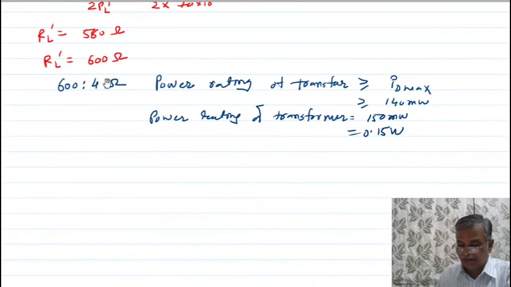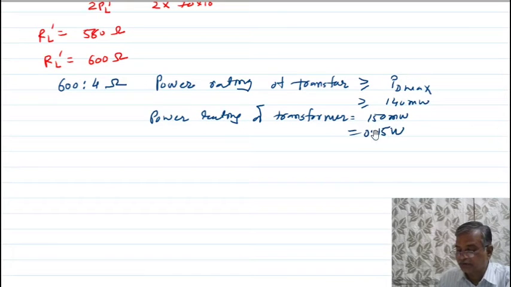Now remember, the power rating of a transformer should be greater than or equal to PD max. I'll explain why PD max is taken. What is the PD max? 140 milliwatt. So the power rating of the transformer is 0.15 watt. Look here.